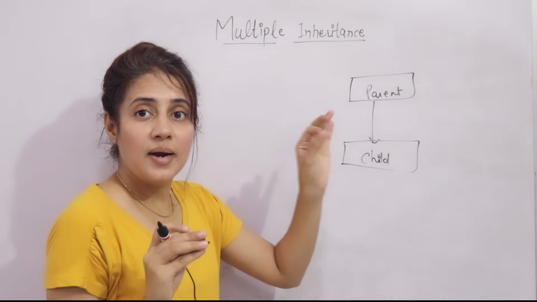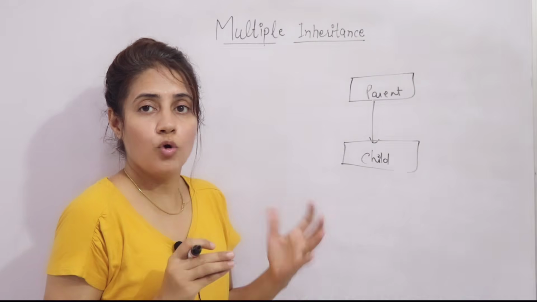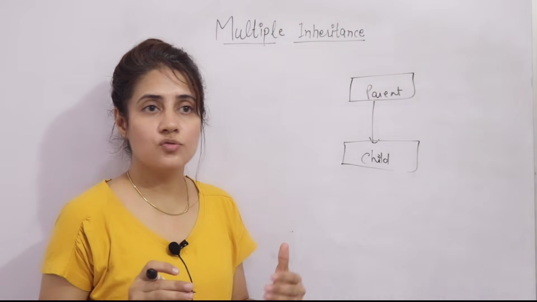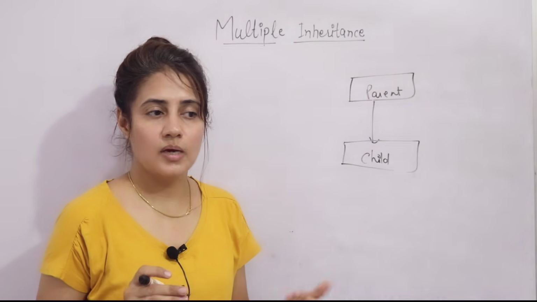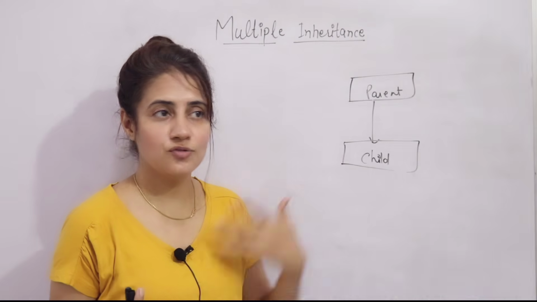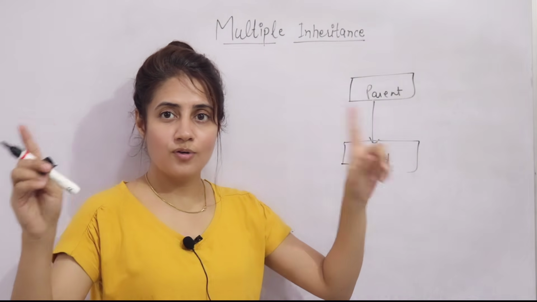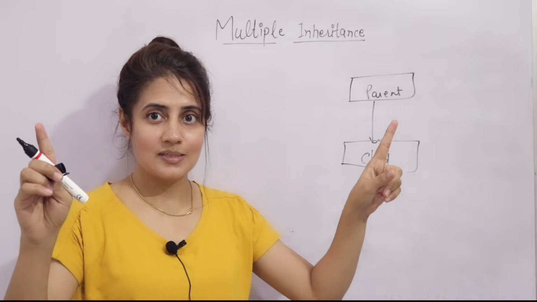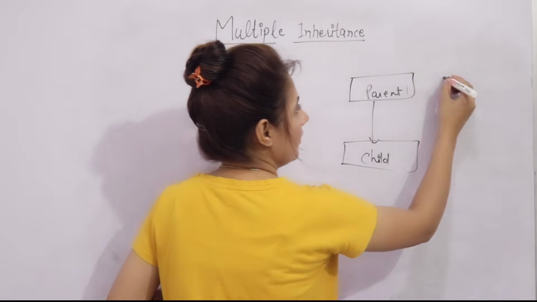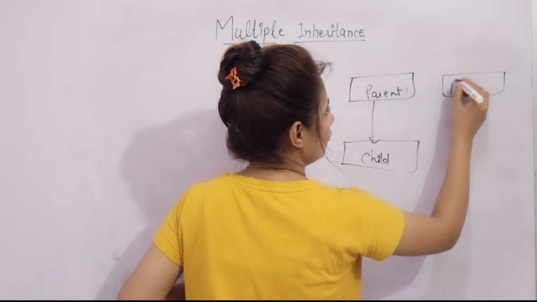Now next is multiple inheritance. Now what if you want to inherit properties from 2 or more classes? Like we inherit properties from our mother and father as well. So we are having 2 parent classes, right? So parent 1 and parent 2.